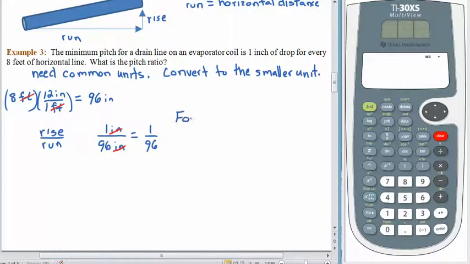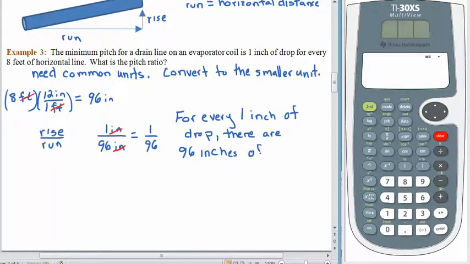For every 1 inch drop, there are 96 inches of horizontal line.